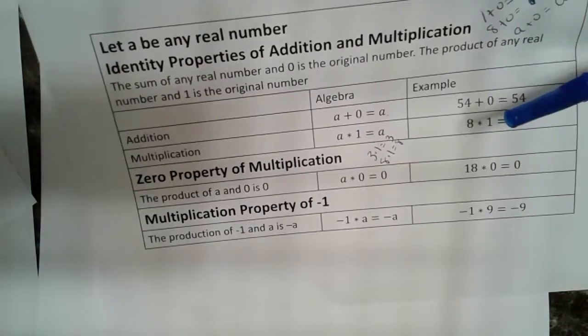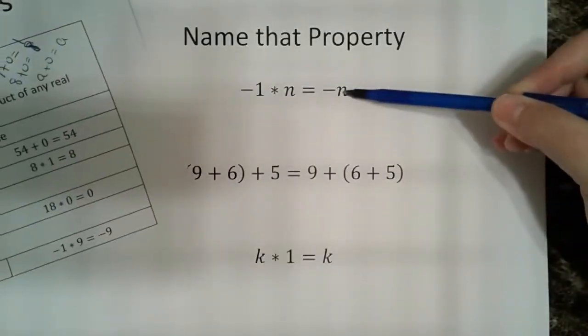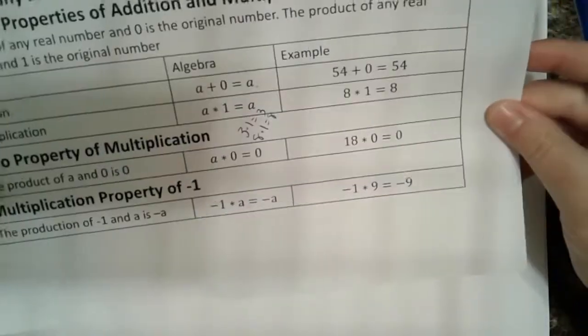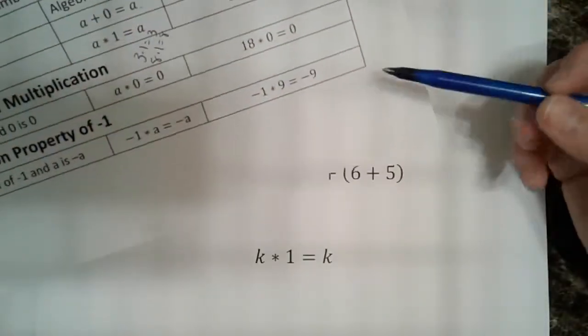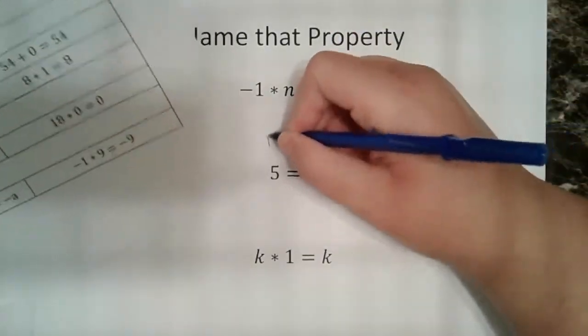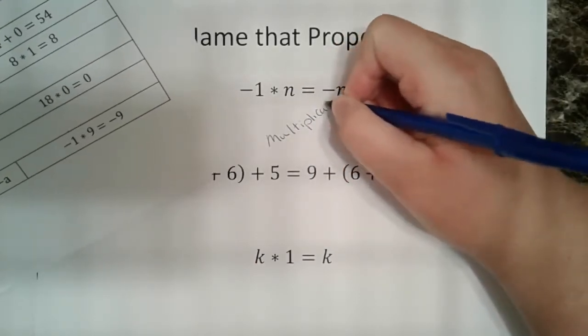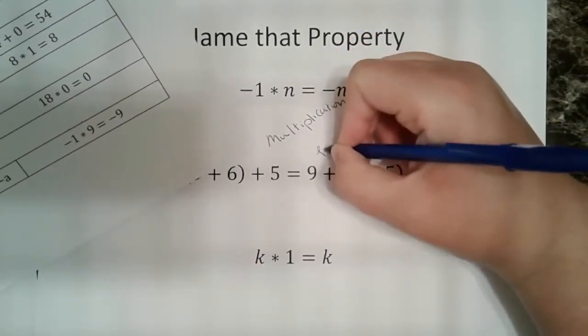Okay, so identity, well, I'm getting the opposite of it, so it's really not identity properties. And it's not property of 0, so it has to be the multiplication property of -1.